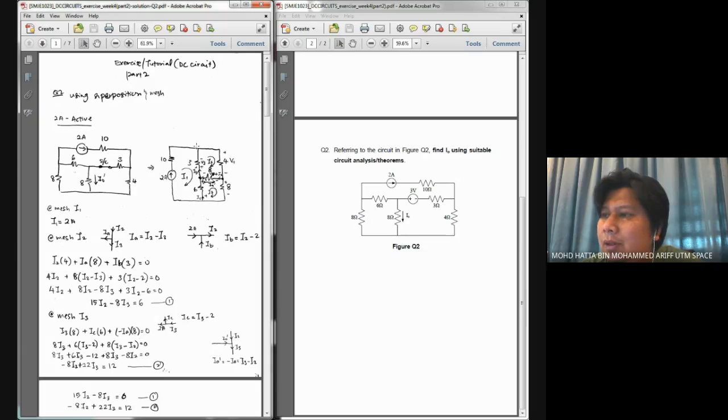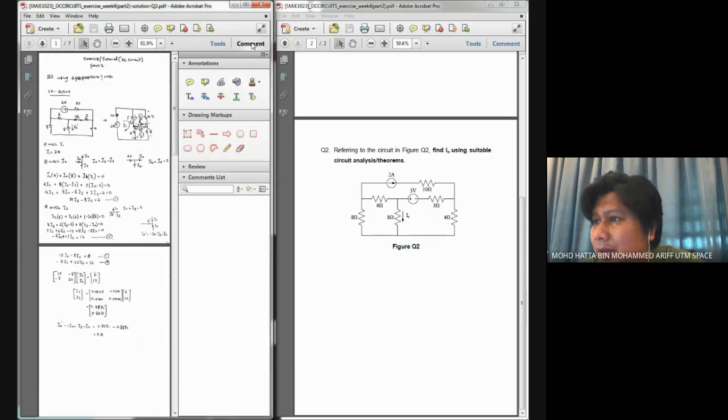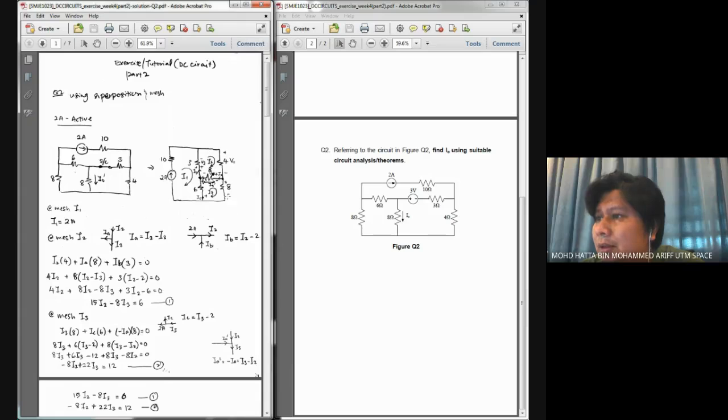And the final one is the current in that direction that produces the voltage drop across this 8 ohm resistor. Earlier I already know that if the current is flowing in that direction, it is given by IA.